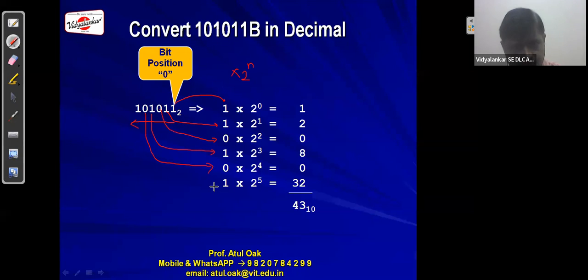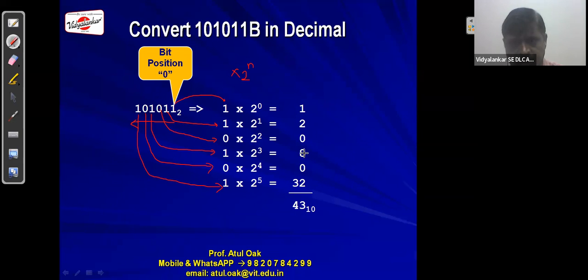Then I will take the next bit. Position is 4. I will multiply 2 raised to 4. But anything multiplied with 0 is always 0. I'll go to the last bit. Position is 5. So 2 raised to 5, 32. And you have to take the sum of all these partial products.